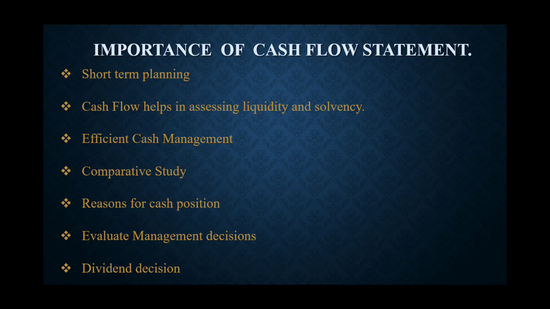So cash flow statement here helps to give information about the availability of cash. If sufficient cash is available, then the business organization declares a higher rate of dividend. If less cash is available, then a lower rate of dividend is declared. So these are the various importance of cash flow statement which help the business organization in different aspects.